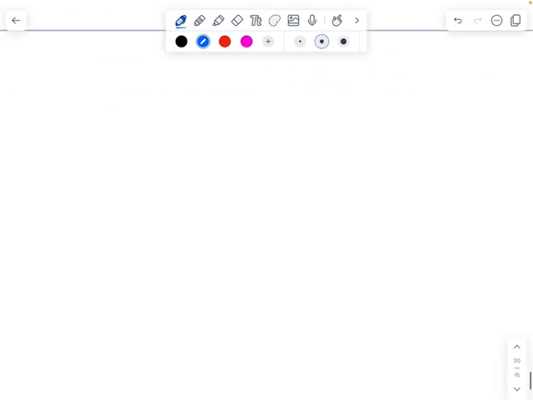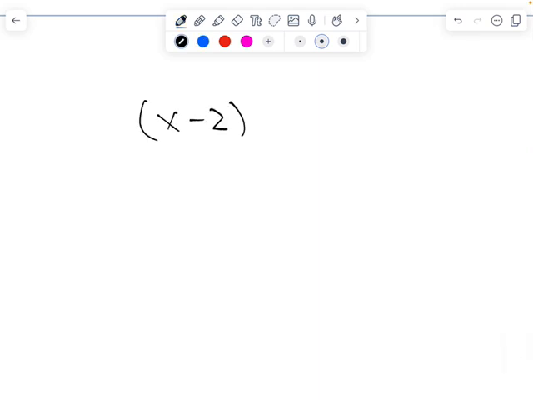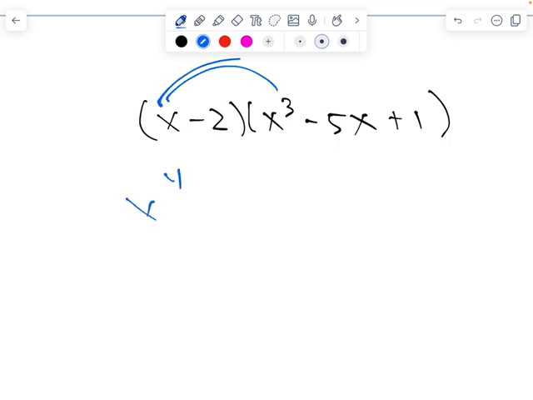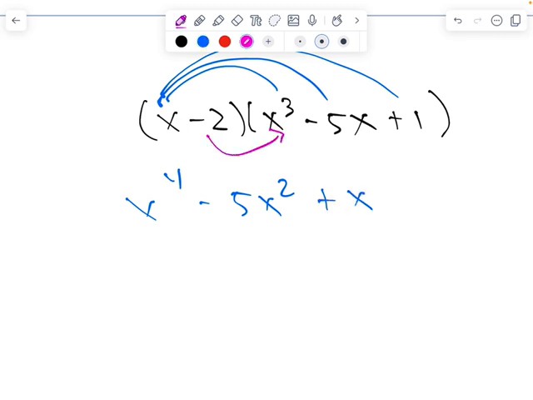All right, one more just for fun. You can pause and try this one on your own. Let's do (x − 2)(x cubed − 5x + 1). Okay, so let's use up that x: x to the 4th minus 5x squared plus x. Coming underneath, we got negative 2x cubed. Hang on, that doesn't match up, so let's put negative 2x cubed over here.